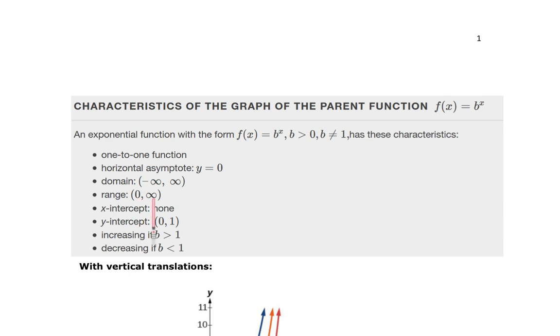Even if it's decreasing, even if my graph looks like this, I am decreasing, but I'm never actually going to go to 0. So I will be decreasing when I have a transformation of graph, but I'm always going to be above 0. So that's my range. The y-intercept is 0, 1 for all of them without a transformation. And since the range is from 0 and above, that means I have no x-intercepts without transformations. And if my base is bigger than 1, we're increasing. If my base is less than 1 but bigger than 0, we are decreasing.